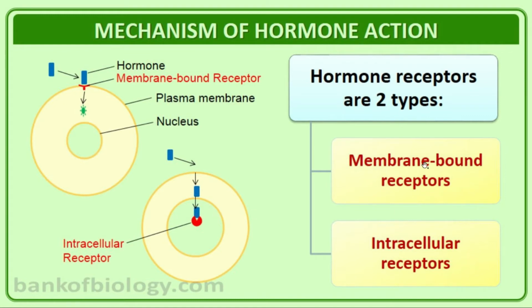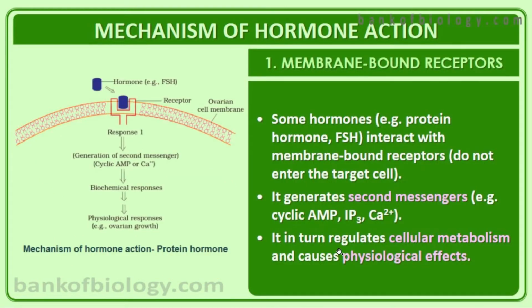The hormone receptors are of two types: membrane-bound receptors and intracellular receptors. Okay? Membrane-bound receptors, and intracellular receptors inside the cell. What about membrane-bound receptors? Some hormones, for example protein hormones like FSH, interact with membrane-bound receptors and do not enter the target cell.